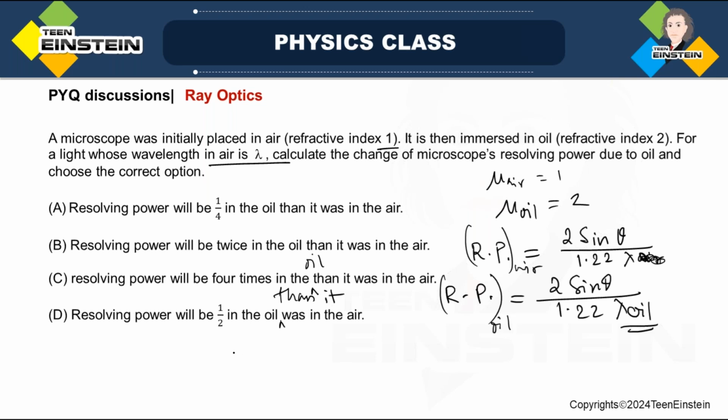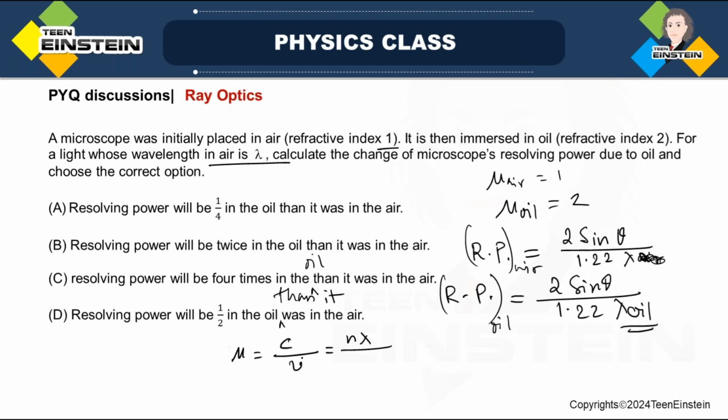So I have to replace this lambda of oil in terms of the refractive index, right? We know refractive index mu is equal to C by V. C is the speed of light in air. If I know the frequency, then n into lambda.